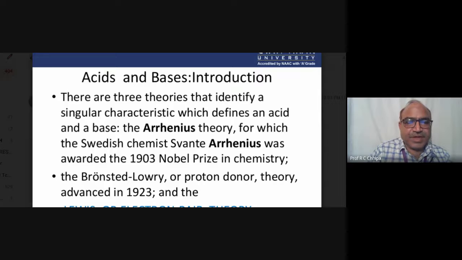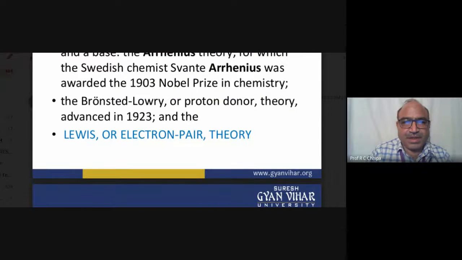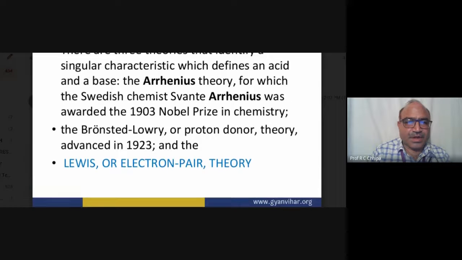We have to see the various developments, and then the electron pair, Lewis acid. That came later, where electron deficient and electron rich compounds are there. So those are the Lewis acid base theory.